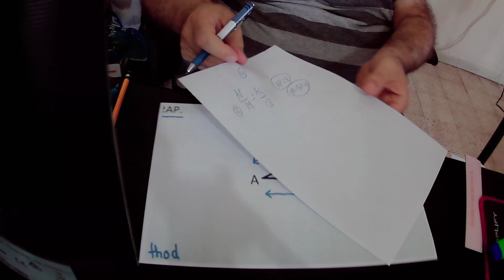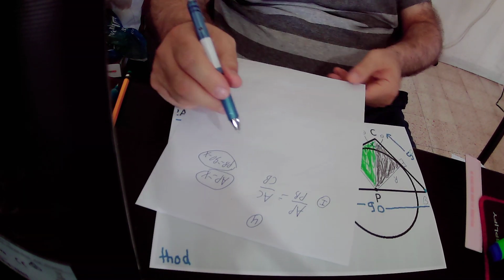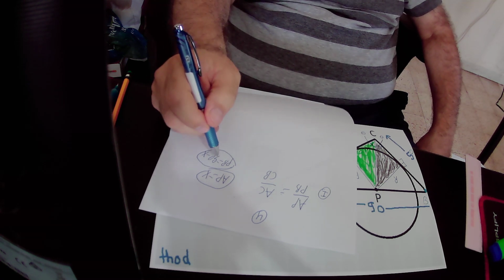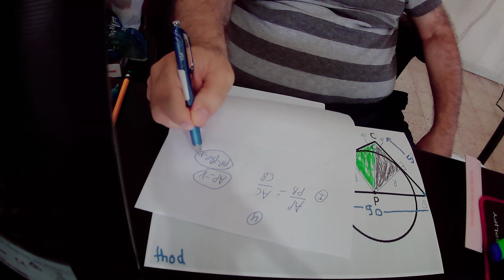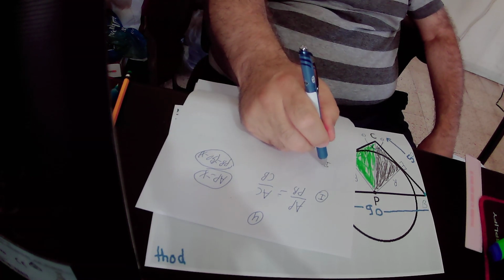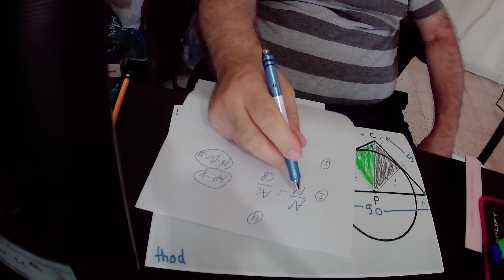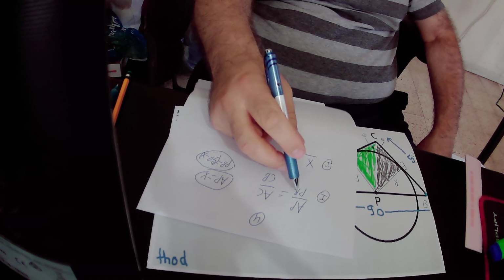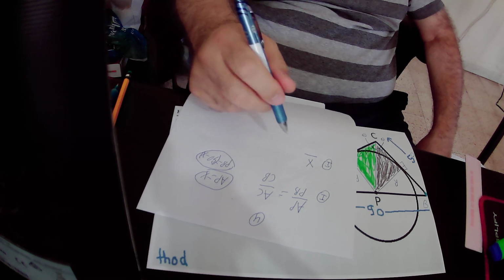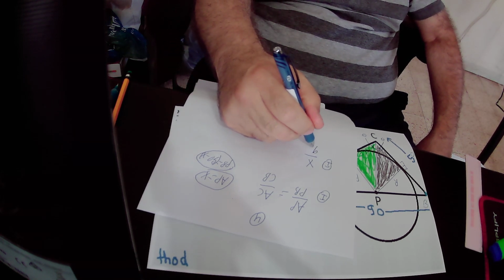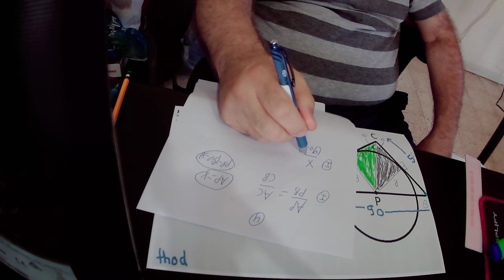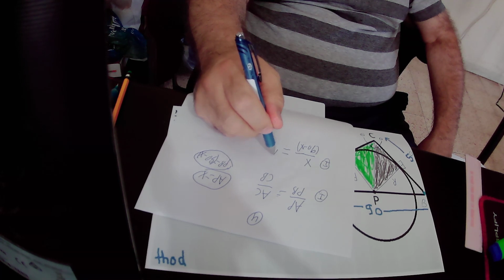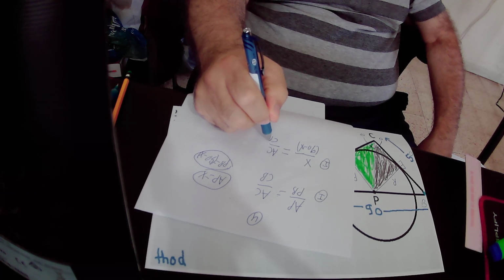So we can substitute AP by X, because AP equals X, and PB by 90 minus X, because PB equals 90 minus X. So we'll write again equation 1. Instead of AP, I will write X, and instead of PB, I will write 90 minus X, and this is equal to AC over CB.